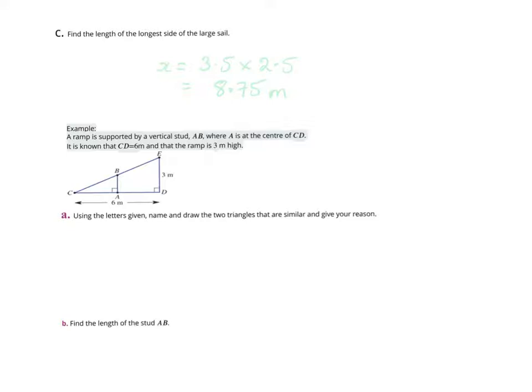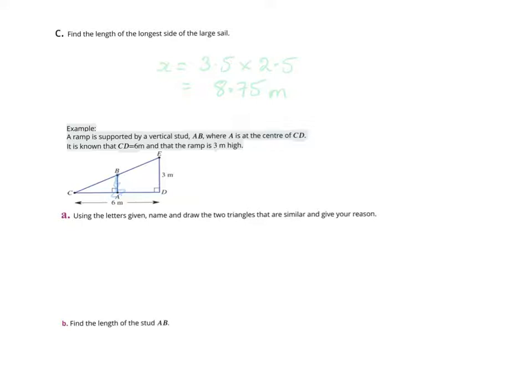In our last example, a ramp is supported by a vertical stud. The vertical stud is this, A to B, where A is the centre of C to D. That's an important fact. It is known that CD is 6 and the ramp is 3 metres high. We can see all of that from the diagram.